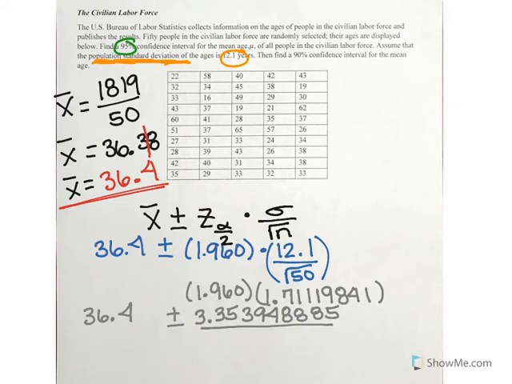I still have it in my calculator, so I'm going to subtract that number from 36.4. That gives 33.04605112.